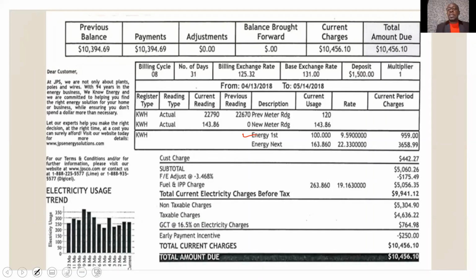And above that, the charges are $22.33. And the first band, as we mentioned, for the 100, is charged at $9.59 Jamaican. However, if you note, for the fuel and IPP charge, all 263 kilowatt hours is used to calculate the fuel cost.